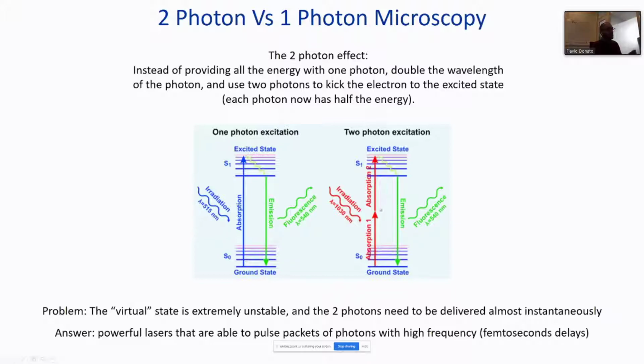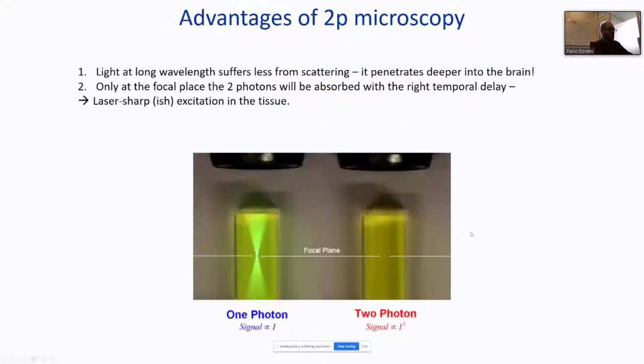The answer to that is to develop lasers that are able to pulse packets of photons at very high frequency, so that the probability that these two photons are absorbed with the proper delay is actually high, and you can get excitation to the excited state, right? The advantage of using two photons instead of one is that you solve basically all three problems that I was telling you about in one go. In one case, because the long wavelength suffers less from scattering.